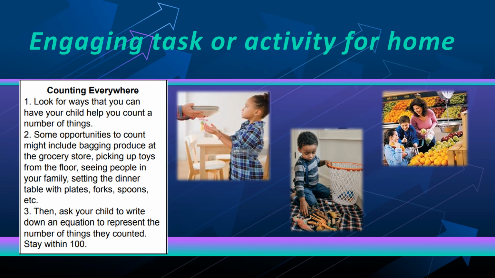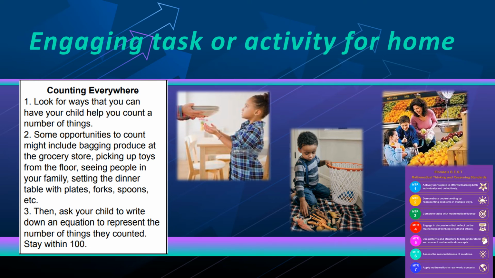After students counted, they would write down an equation to represent what they counted. So for example, students could count the apples and oranges at the grocery store and then add to find the total number of fruit they see. Even though this isn't in the classroom, it is a great demonstration of adding and subtracting within 100 and is hitting MTRs 3 and 7.